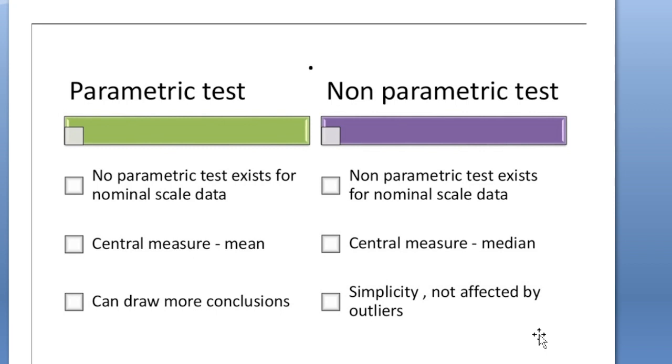Again, the central measure for parametric test data is the mean, and for non-parametric data it is the median. Lastly, we can draw more conclusions from parametric tests, but non-parametric tests are simple and not affected by outliers.